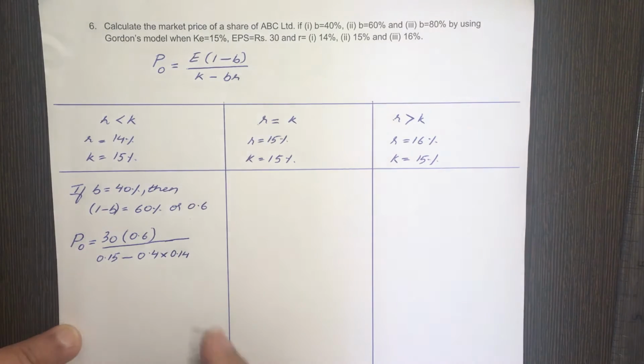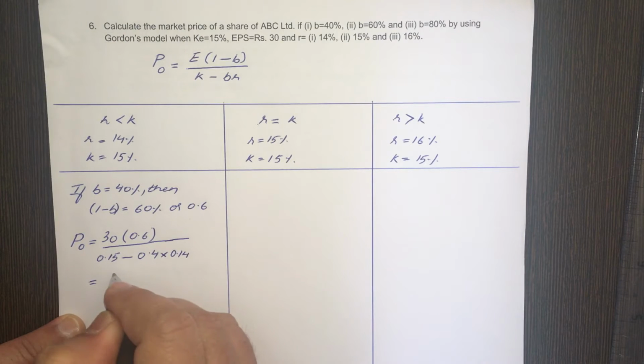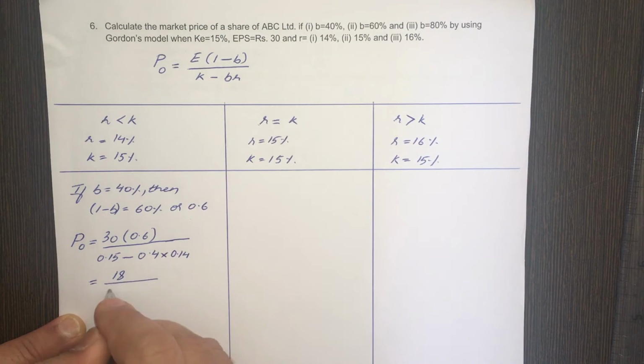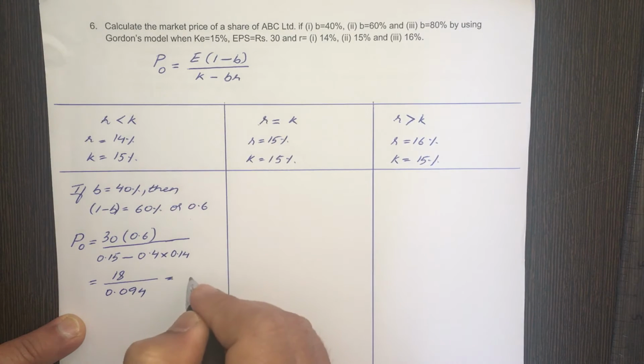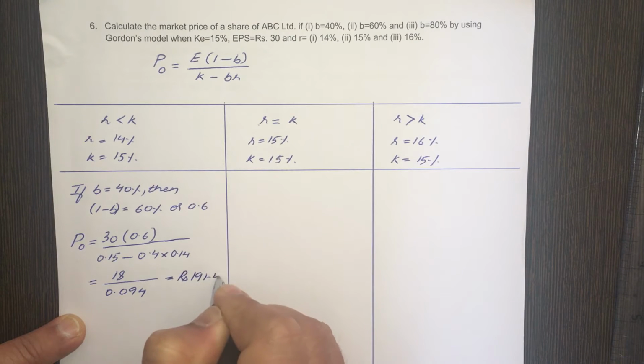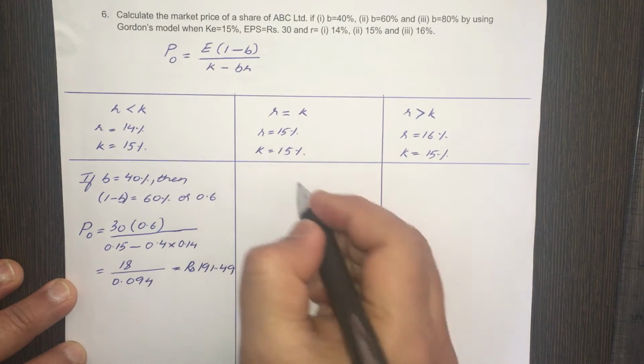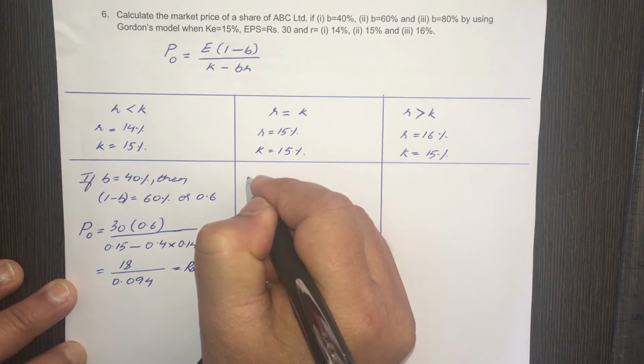All right, and so the numerator will be 18. If you calculate this, the denominator is 0.094. So the price of the share will be rupees 191.49.